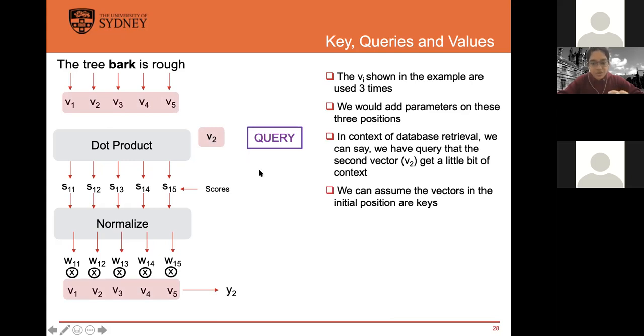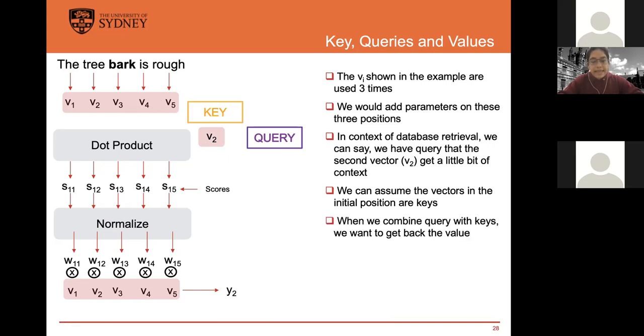And we can assume the vectors in this position are the keys. We then combine these two with a dot product. And we want to get back to these vectors, which we can refer to as values. This is not exactly the same concept as used in database retrieval, but we just use these terms from there.